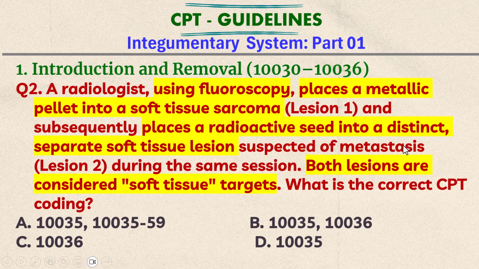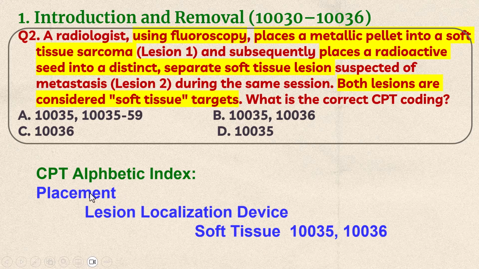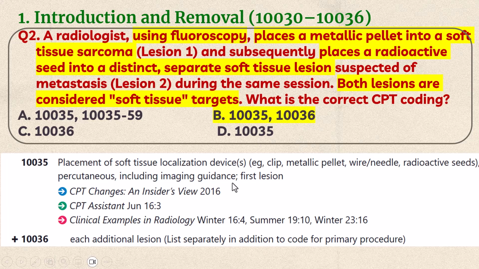Take your CPT code book, go to the index term placement. Here we are placing the metallic pellet and the radioactive seed. So placement. Again go to the subterm lesion localization device. Then go to the subterm tissue. It will redirect you to the codes 10,035 and 36. Again go back to the tabular list and confirm the answer. On the tabular list, you can see 10,035 is placement of soft tissue localization devices.